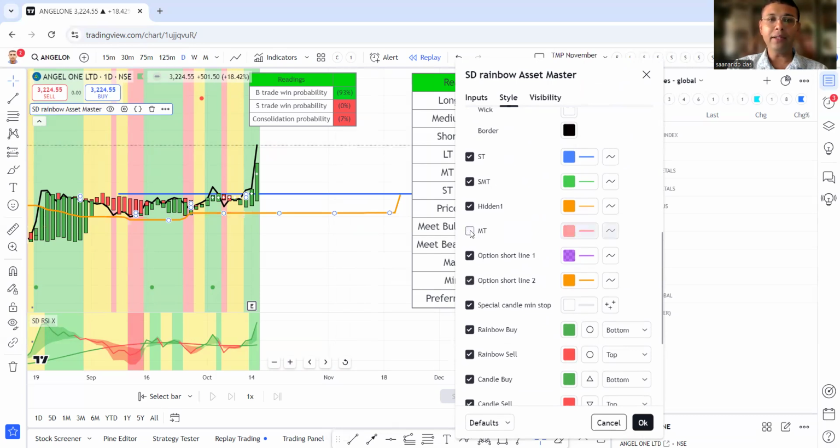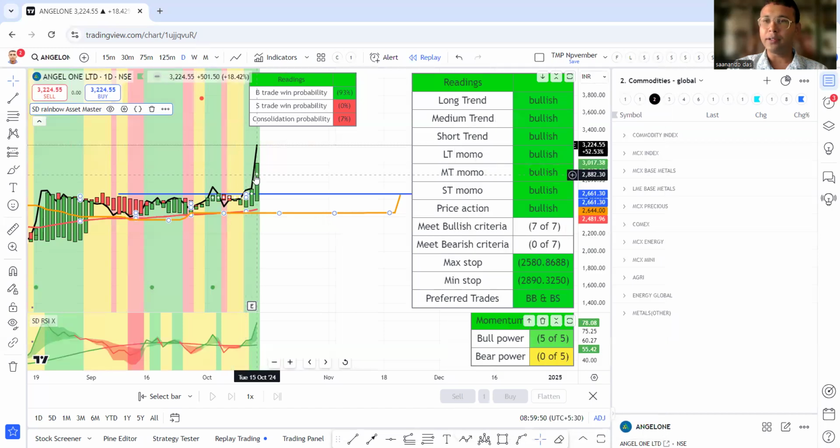This red line is the medium-term trend line. And the background color is actually the short-term trend. So this orange line is the long-term trend line, the red line is the medium-term trend line, and the short-term trend is denoted by the background color.